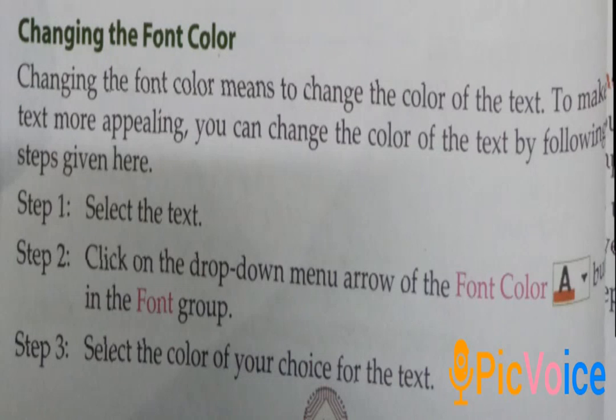Changing the font color. Changing the font color means to change the color of the text. To make the text more appealing, you can change the color of the text by following the steps given here.